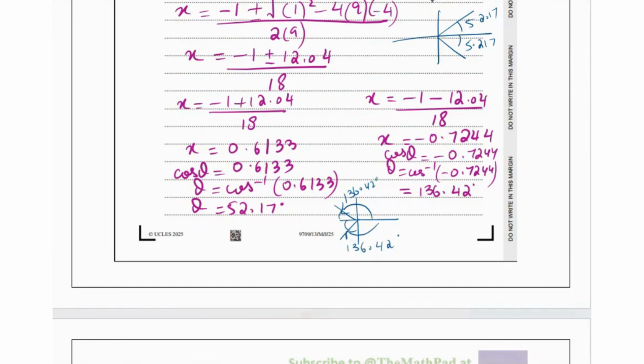So theta is going to be positive 52.17 from 0 to 180, then positive 136.42, and then from 0 to -180 we have negative 52.17 and negative 136.42 because now we're going in the opposite direction. So these are your 4 angles.